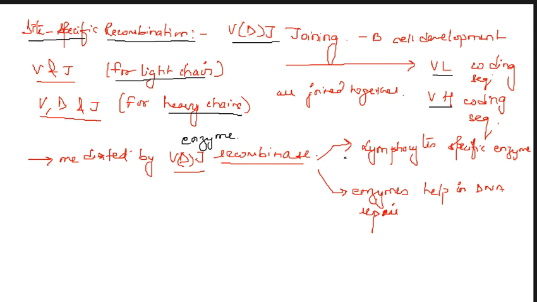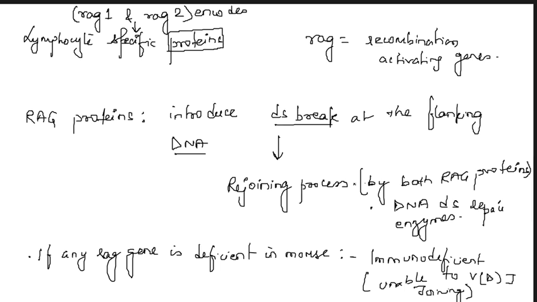This enzyme has two components. One is the lymphocyte specific enzyme, the second is the enzyme which helps DNA repair. The lymphocyte specific proteins are encoded by the RAG1 and RAG2 genes.